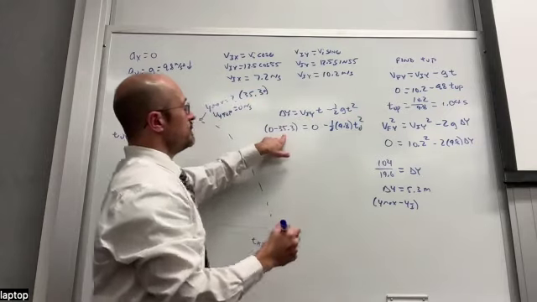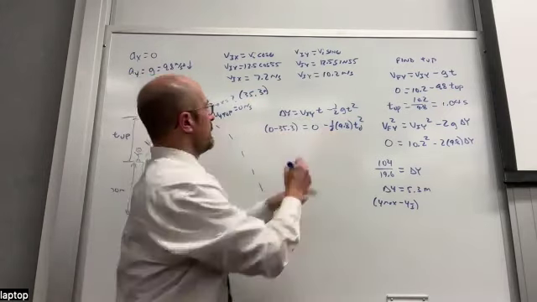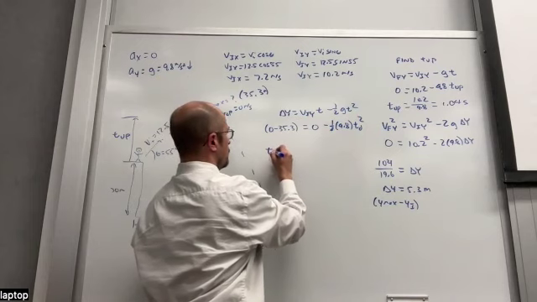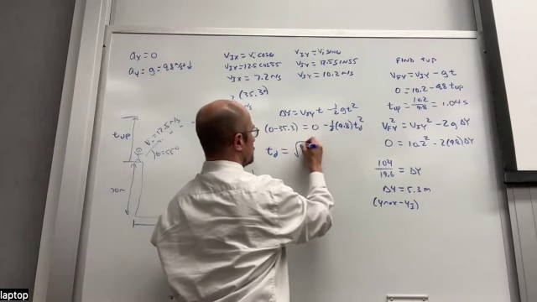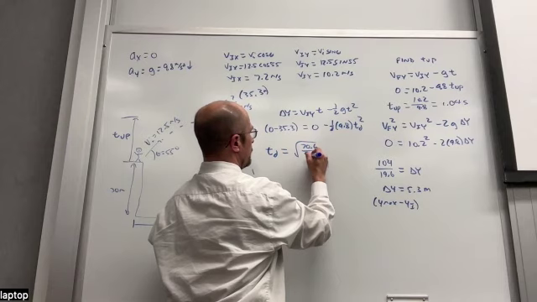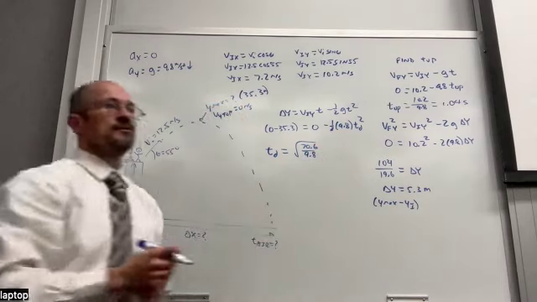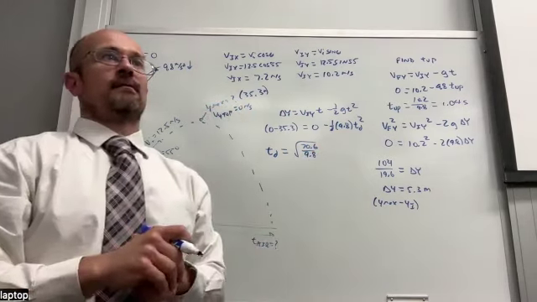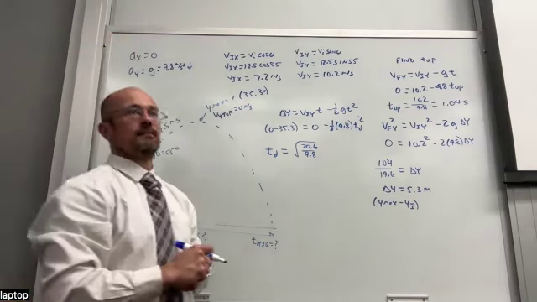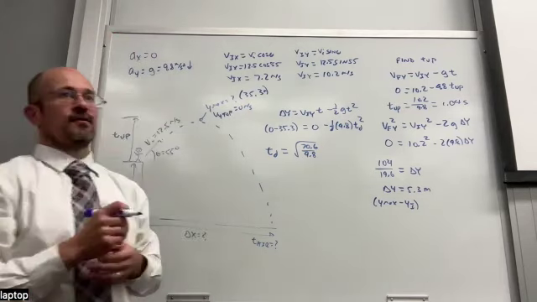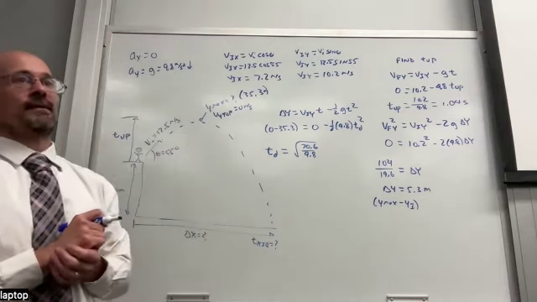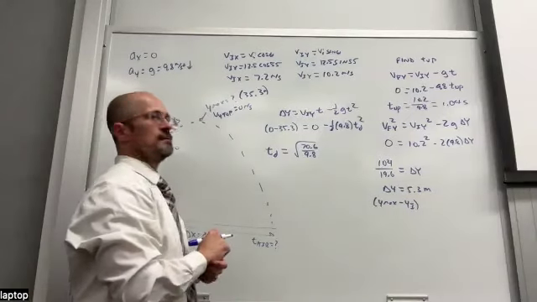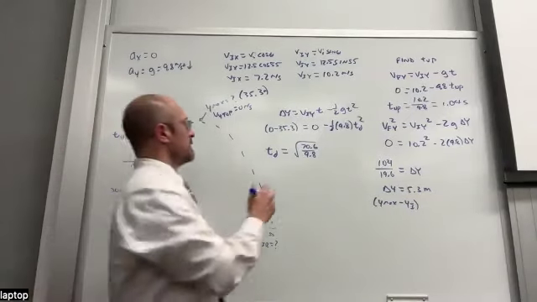So we have 70.6 divided by 9.8, square root. So t down is the square root of 70.6 divided by 9.8, so it's about the square root of 7, which is probably 2.7.